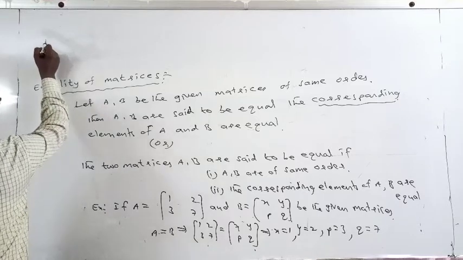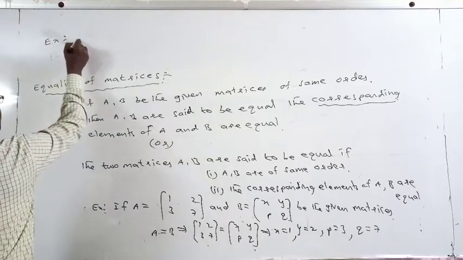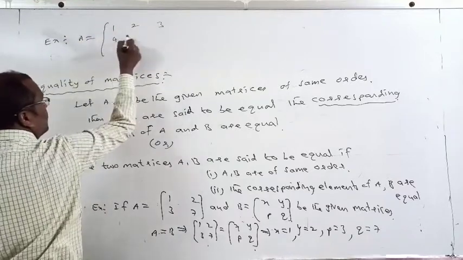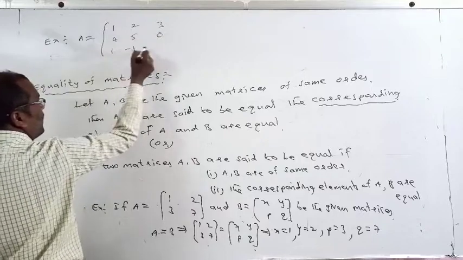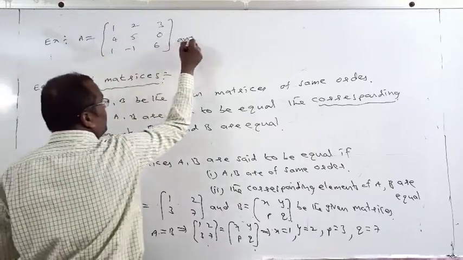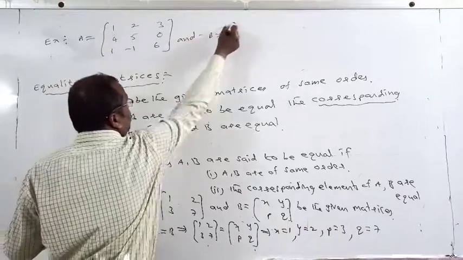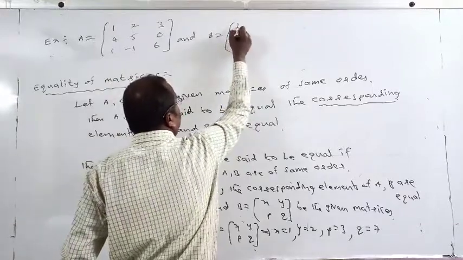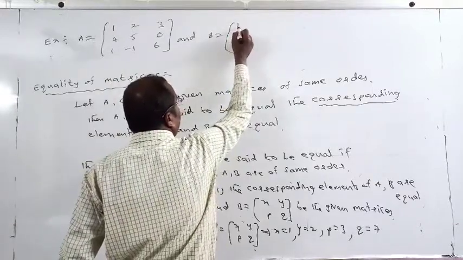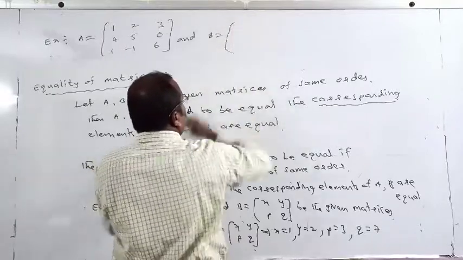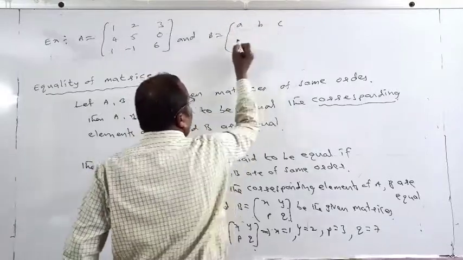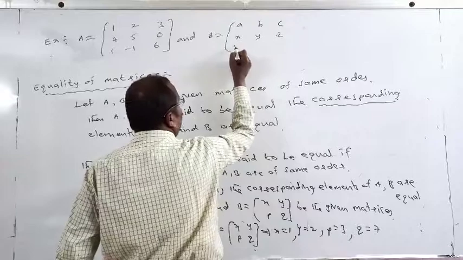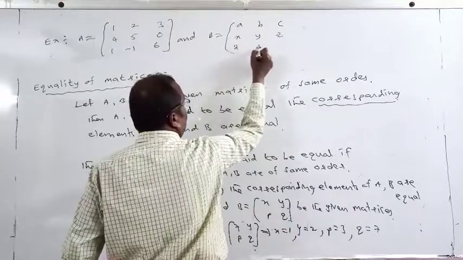So one more example. A is equal to 1, 2, 3, 4, 5, 0, 1, minus 1, 6. And B is equal to A, B, C, X, Y, Z, alpha, beta, gamma.